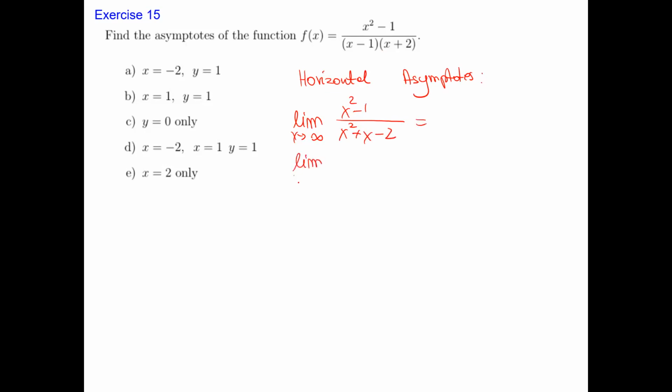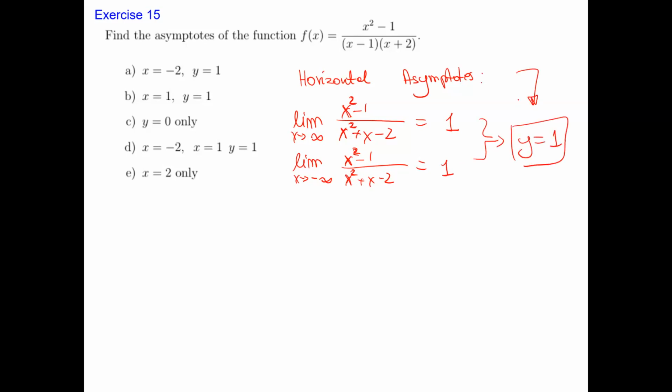And actually the same thing, sometimes the limits we know could be different. Okay, it's x squared, the leading term, and x squared is identical. The limit is 1, and the same for this one. I mean, the limit is 1, then we can say y equals 1 is a horizontal asymptote. And one more time, in order to find the horizontal asymptote, you will compute limits at infinity. We may have different at positive and negative. In this case, it's the same, 1.